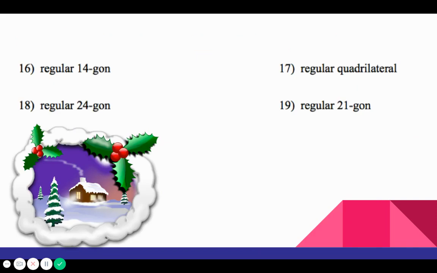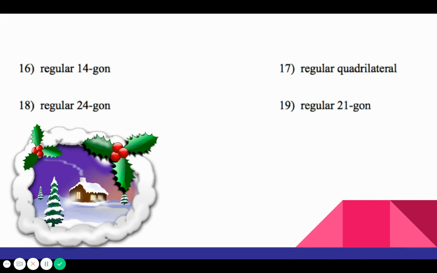Number 16 is going to be G through L. Number 17 is M through R. Number 18 is S through V. And number 19 is W through Z, if there is one.